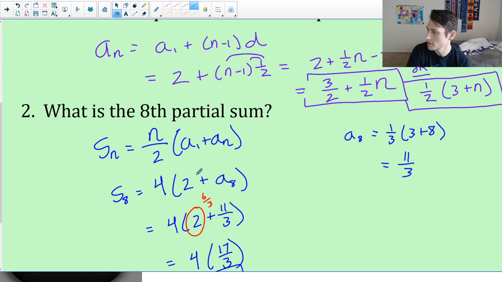Wait, why did I do thirds? That's not the form.